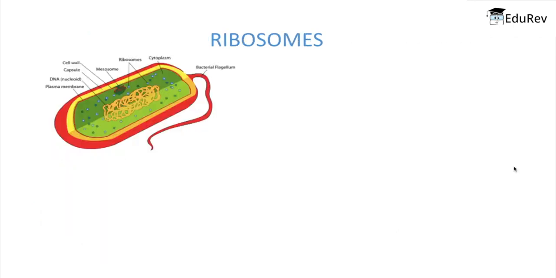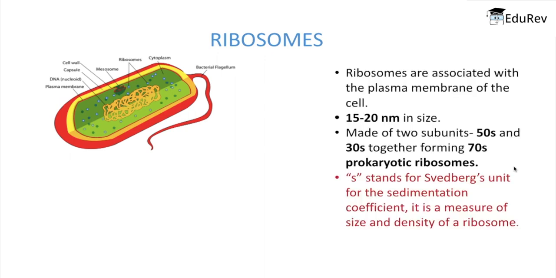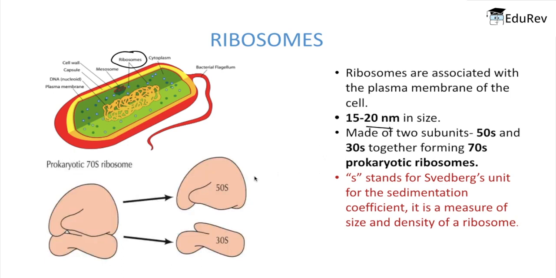So the inside of the bacteria is filled with cytoplasm that hosts the genomic DNA. Apart from that, cytoplasm also consists of ribosomes. These small blue colored structures that you see inside the cytoplasm are the ribosomes. Now, ribosomes measure 15 to 20 nanometers in size, and they are made up of two subunits, that is 50S and 30S, together forming the 70S prokaryotic ribosomes.